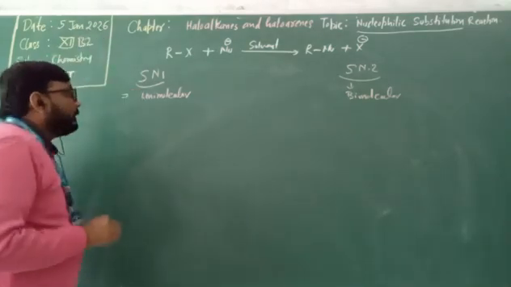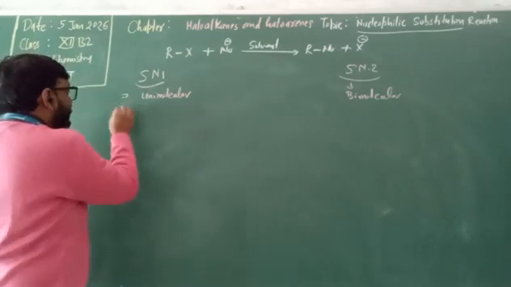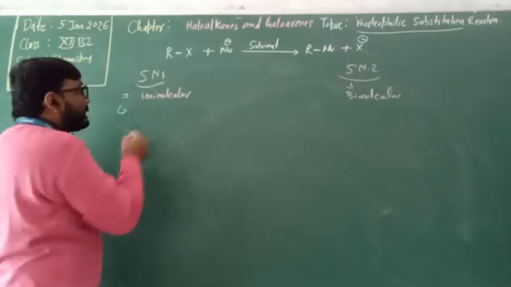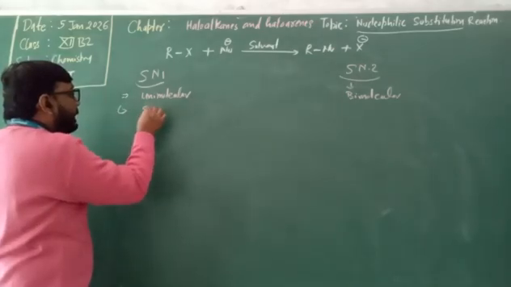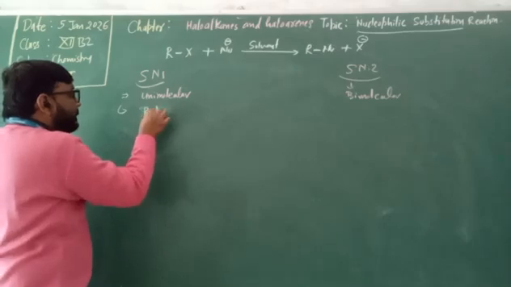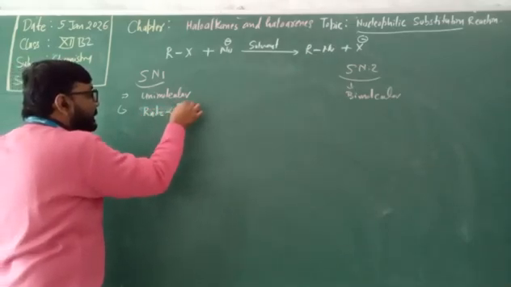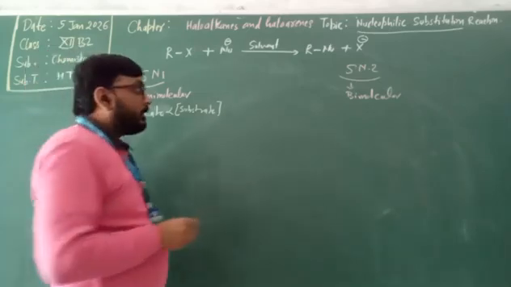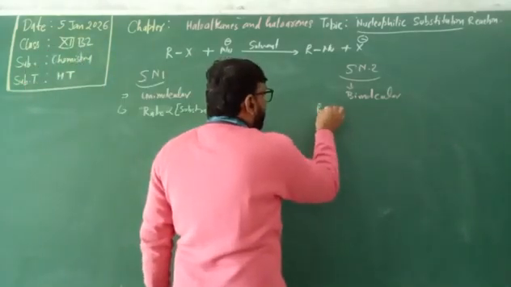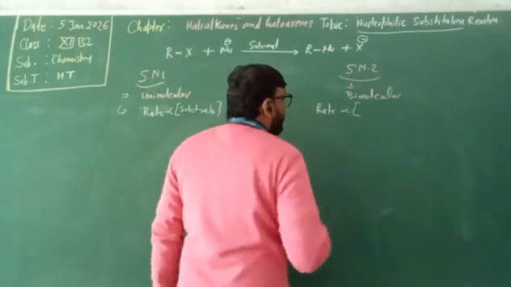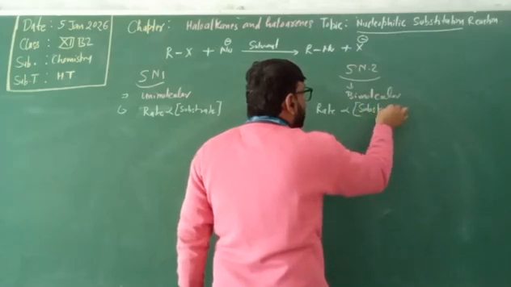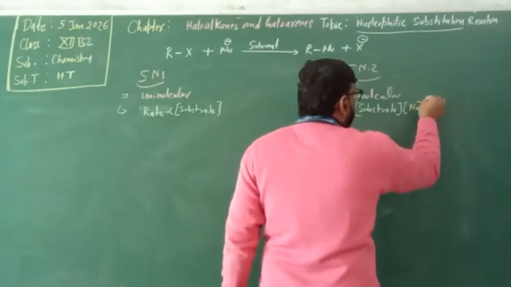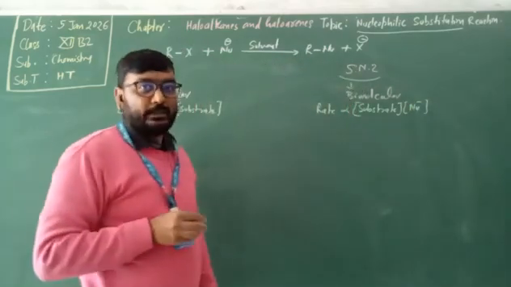As we know, the rate of reaction in SN1 depends only on the concentration of the substrate, that is, only one molecule. But in the case of bimolecular, the rate of reaction depends on the substrate as well as the reagent, such as the nucleophile. That's why it is called a bimolecular reaction.